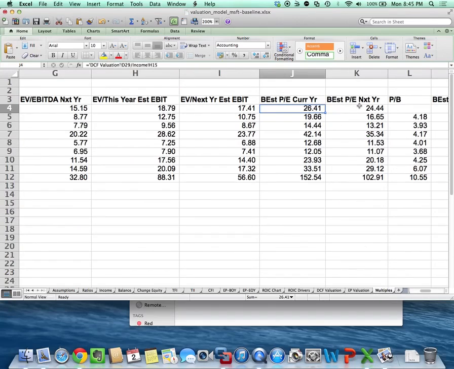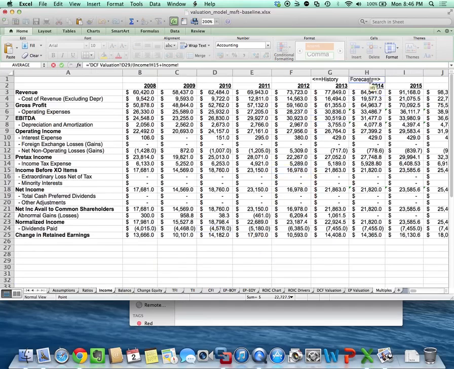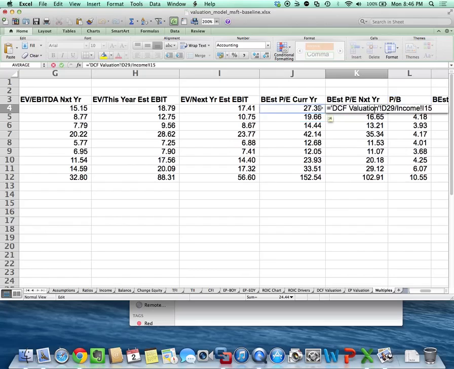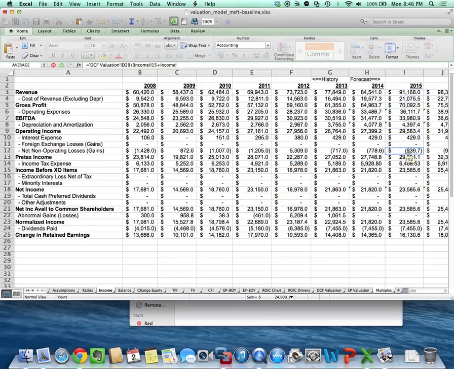So basically, I want to take income in the denominator, H15, and add in from the income tab 2014 non-operating gains and losses. And do the same thing, income row 12. So plus from the income tab 2015 I-12.